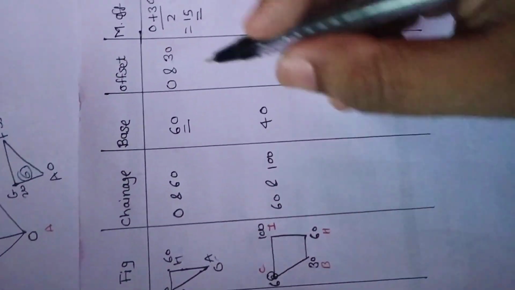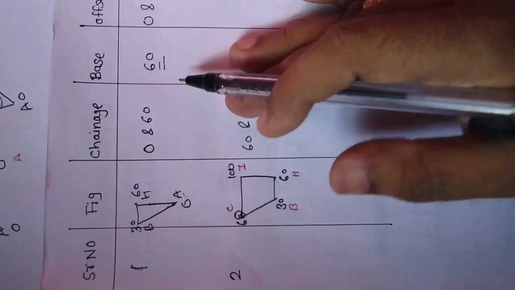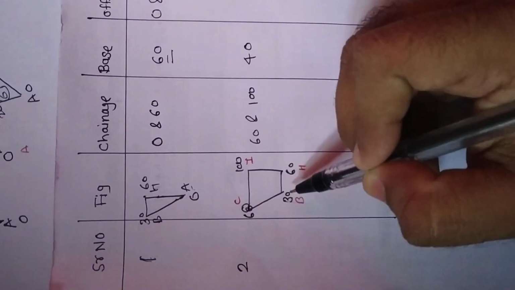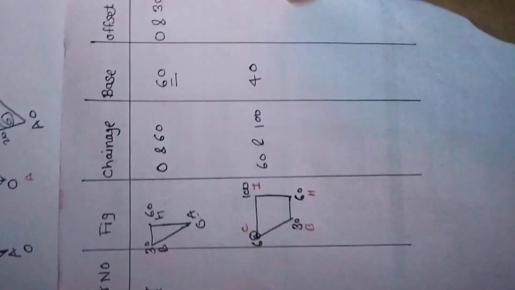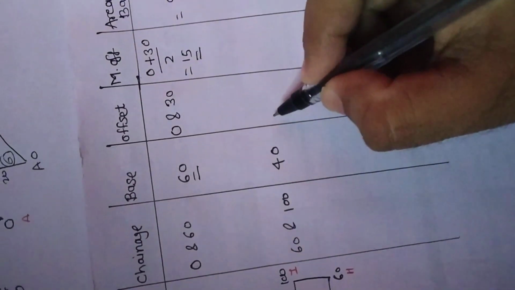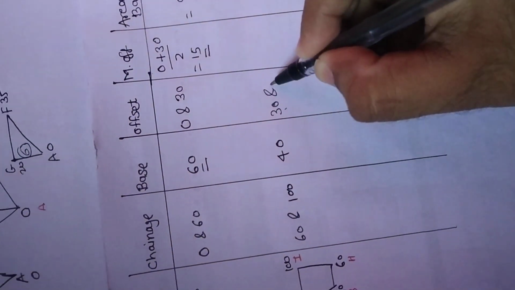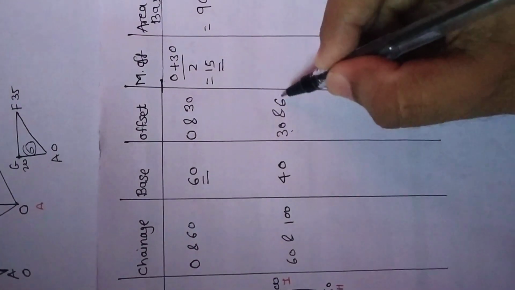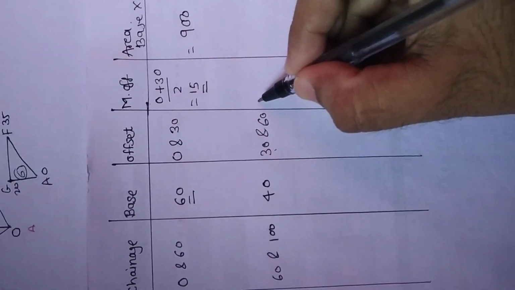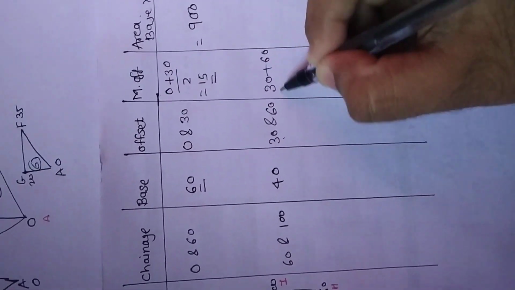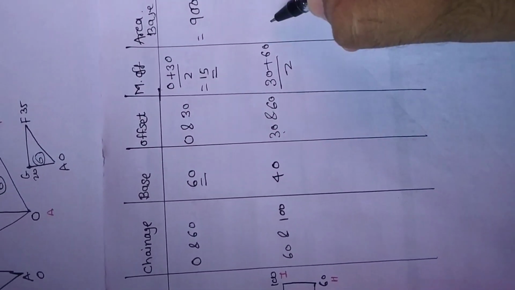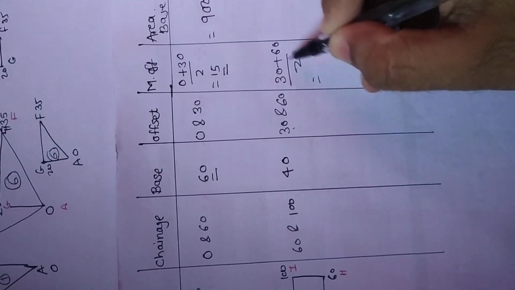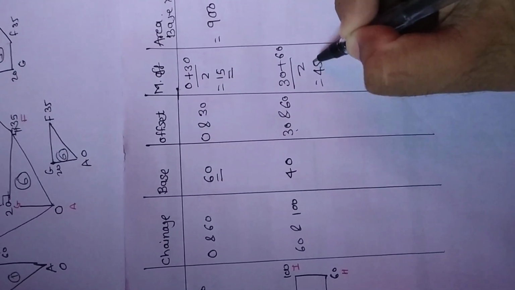Next we have to calculate the offset. How will we calculate the offset? Near 60, the left side is 30, hence I am writing 30 here, and near 100 there is 60, so I am writing 60 here. How am I calculating the mean offset? 30 plus 60 divided by 2, which is 90 divided by 2, which means 45.